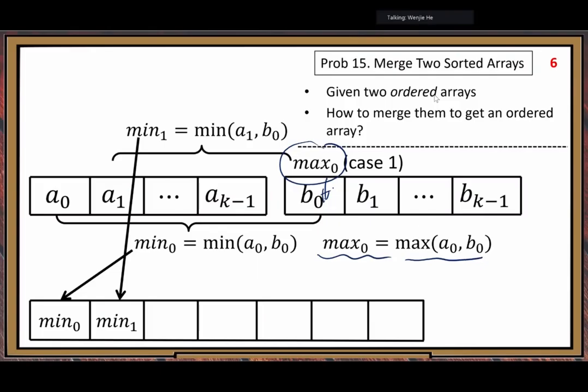It may not be the optimal one, but very close to the optimal one. So we will see that later. That question, how to answer whether it is optimal or not, but it is very close.